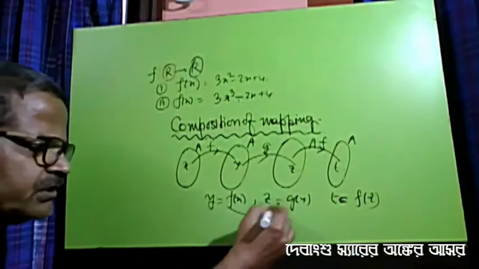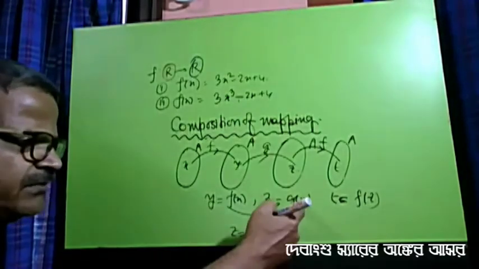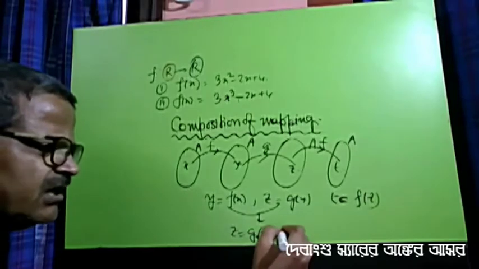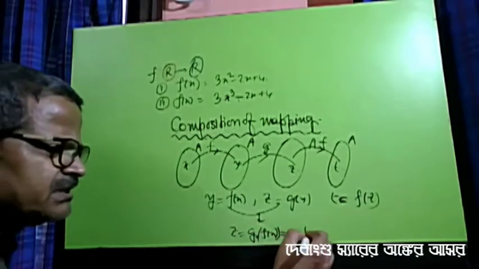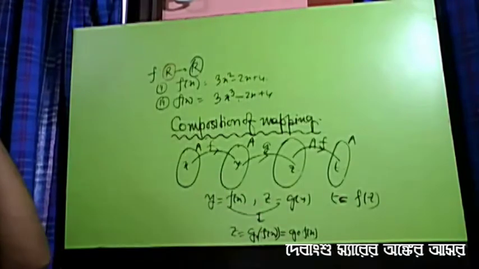Now, from these two we get Z is equal to G of, in place of Y we write Fx, that is G of Fx. So Z is G compose F of x.